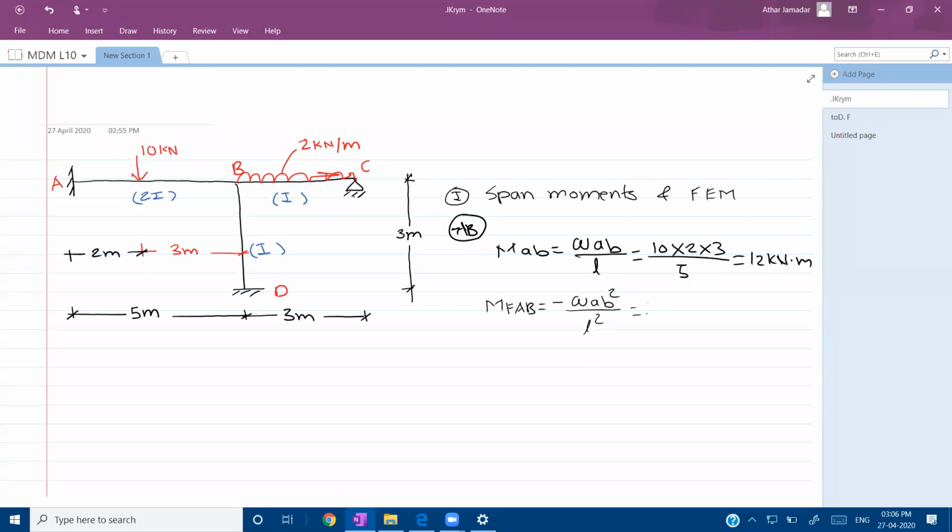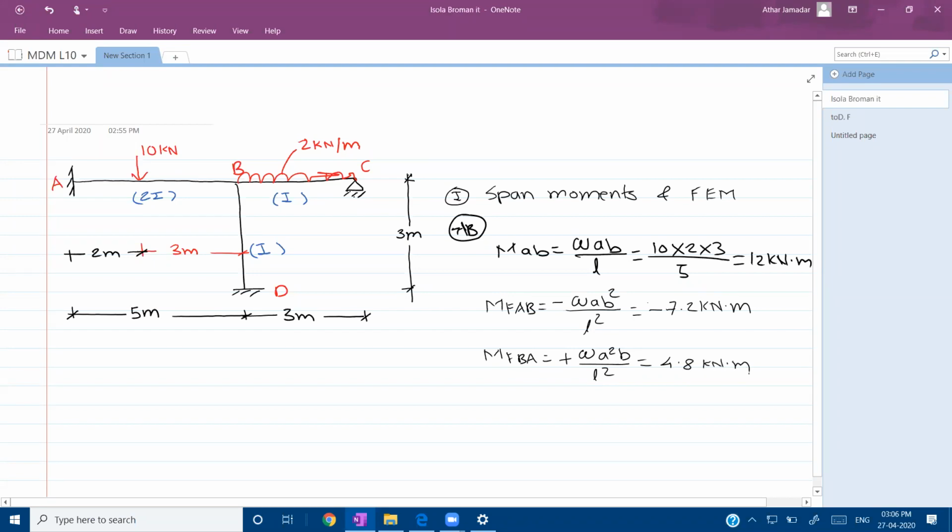So this comes around minus 7.2 kilonewton meter. Similarly, MFBA is going to be positive Wa square b upon L square. So this comes out to be 4.8 kilonewton meter. So these are the calculations for span AB.